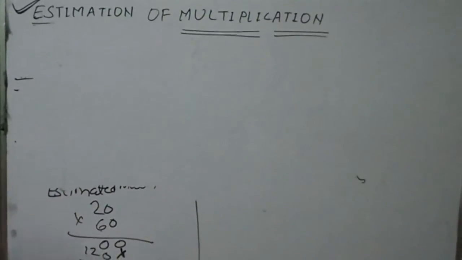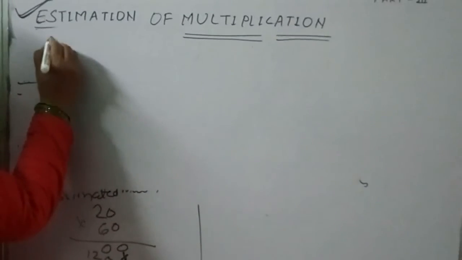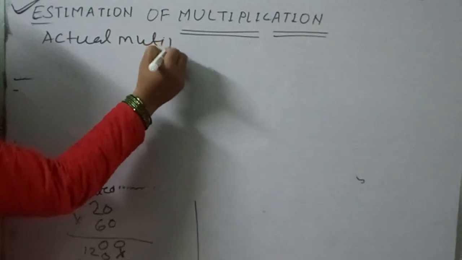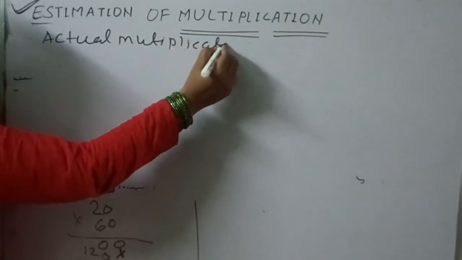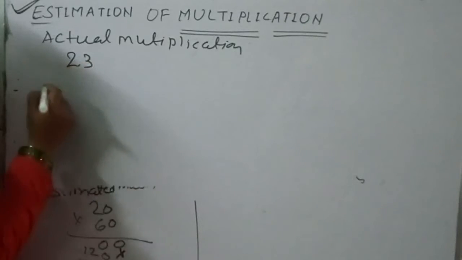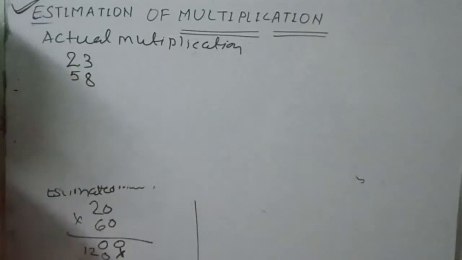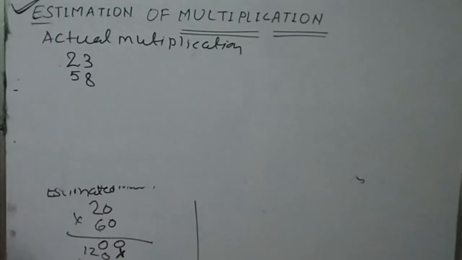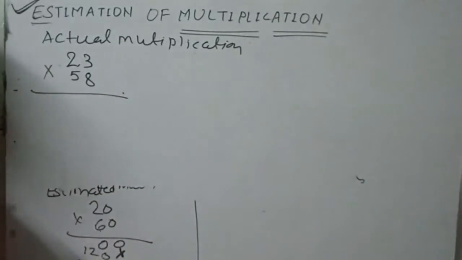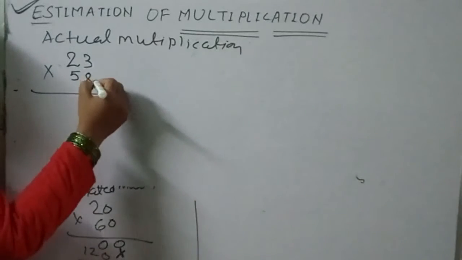What is the actual number given there? 23 and 58. These are the actual numbers given. So multiply these numbers for the actual multiplication.